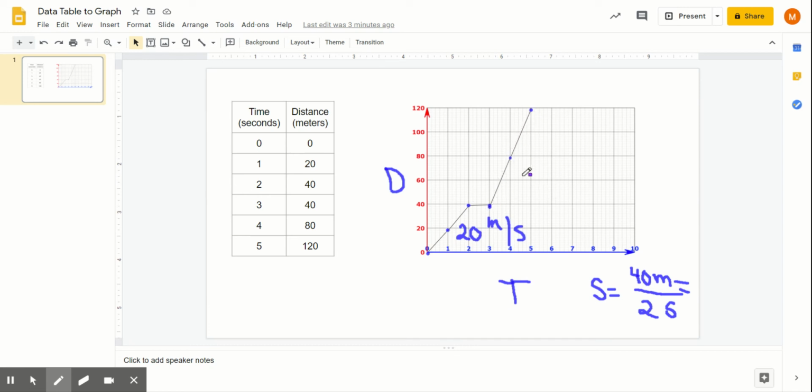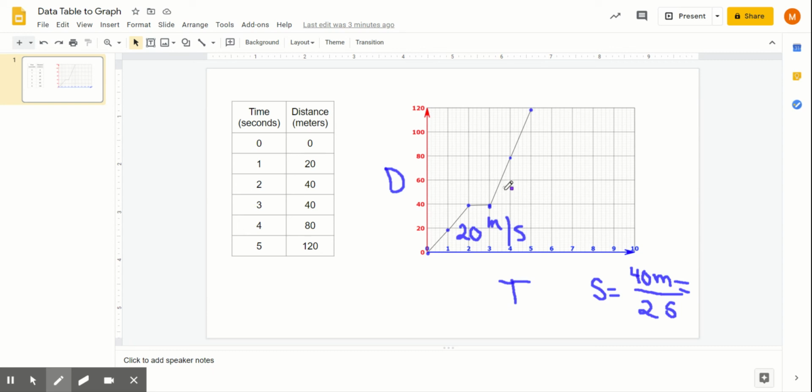So I would predict that the speed of this line should be greater. The object was going faster from here to here than it was from here to here. Now remember, this does not actually mean going up a hill. It is reflecting moving away from where you started. However, I can see that this looks to be much steeper.